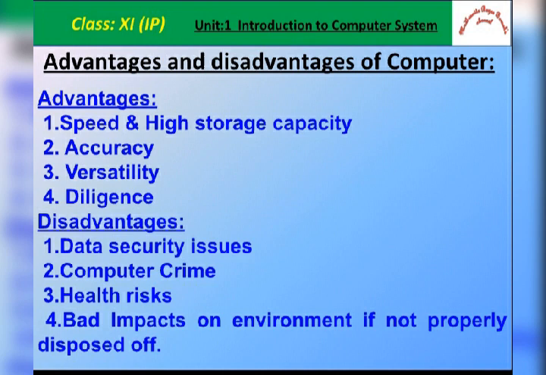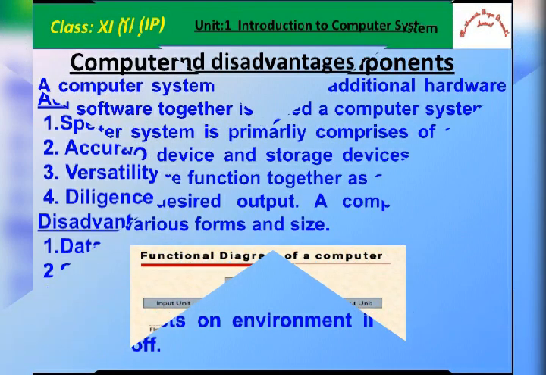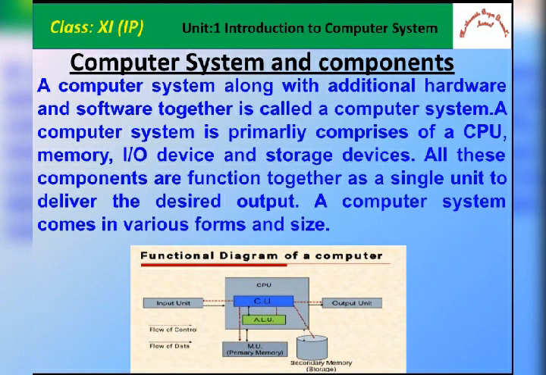They perform tasks in a set sequence that cannot change according to the circumstances. Then data security issues are also there. Computer crimes are there, health risks, and bad impact on the environment if not disposed of properly. So these are the limitations of computers.